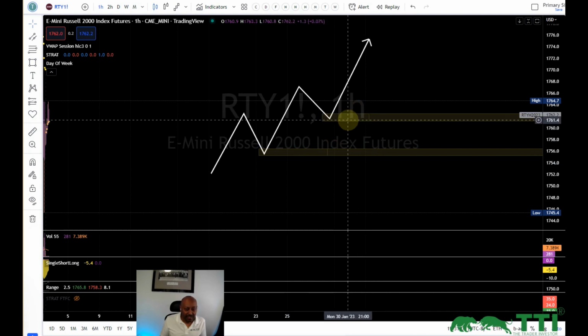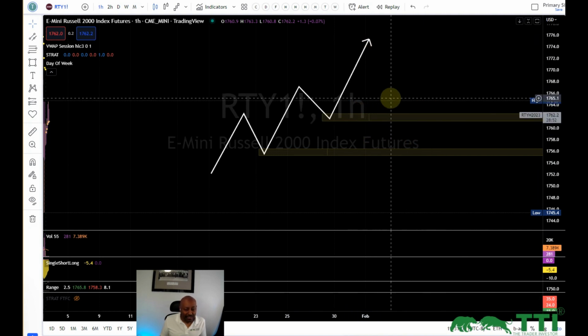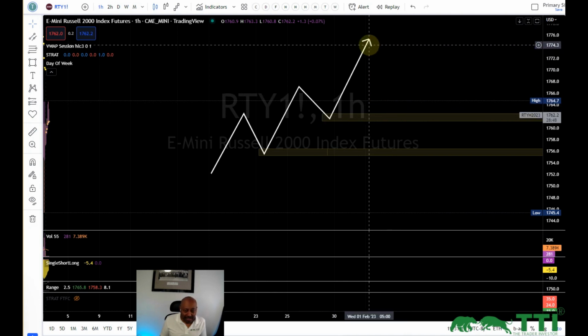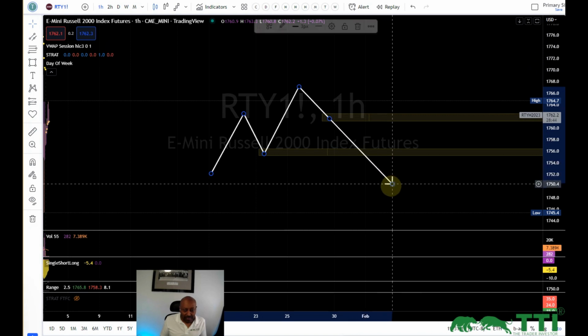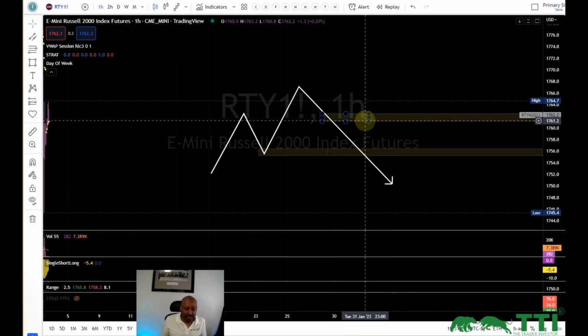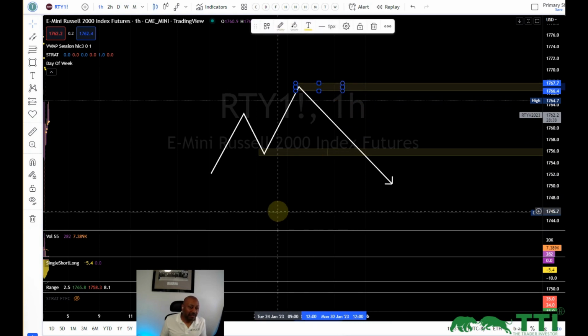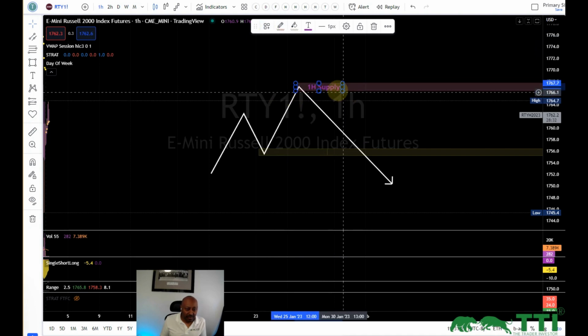So in this area, when price comes back down the next time, because we have identified it, we know what to do. Now, in the same way, if this was like this, this upper area becomes your supply zone.